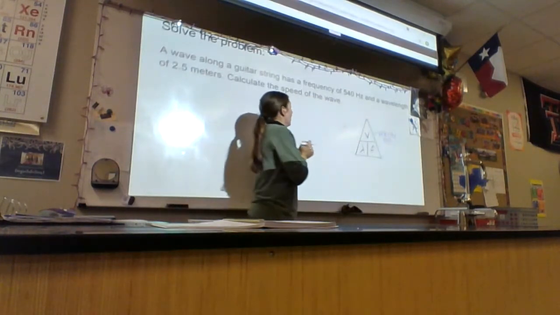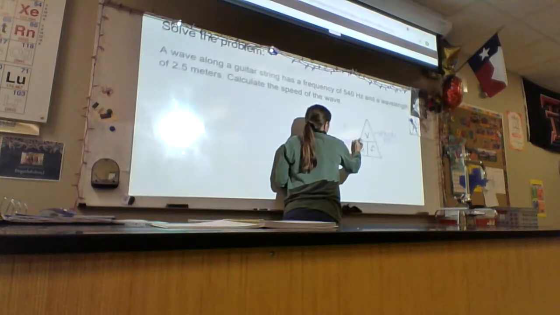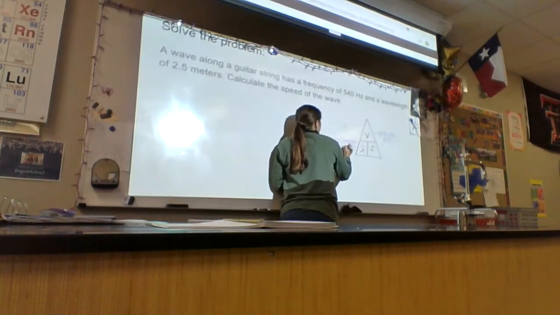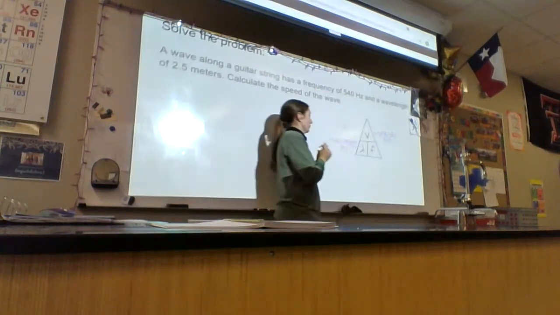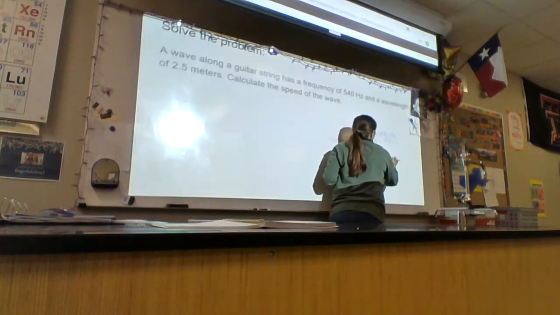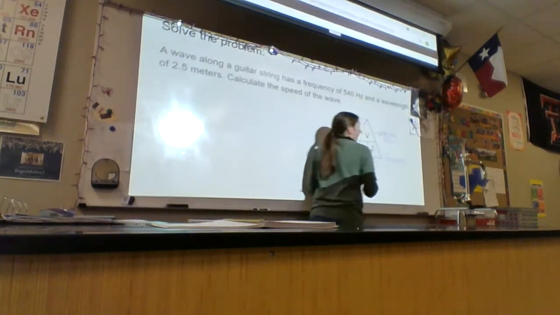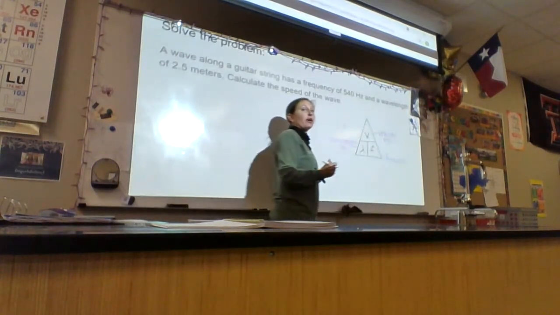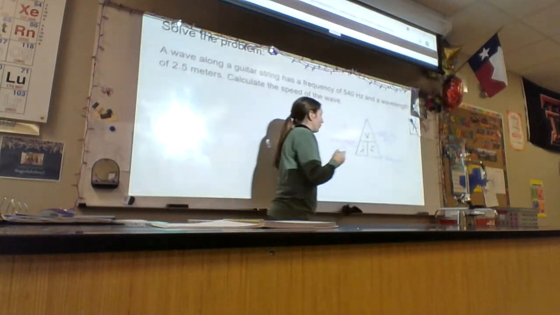What is the unit for wavelength? Meters. Wavelength is going to be measured in meters, just an m. And then we have frequency. Hertz. And how do we write hertz? H to Z. Capital H, lowercase z. Okay, so that's going to be our unit for frequency.